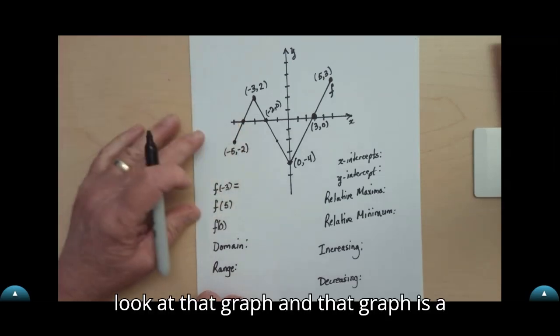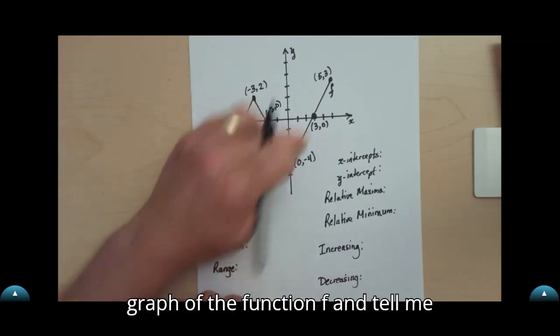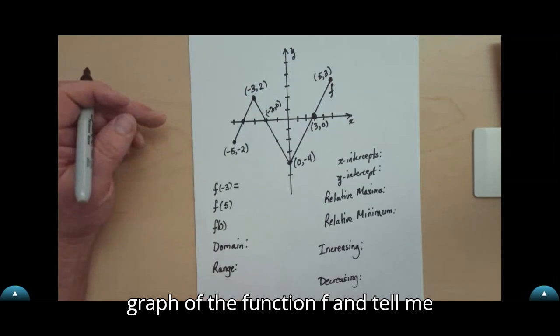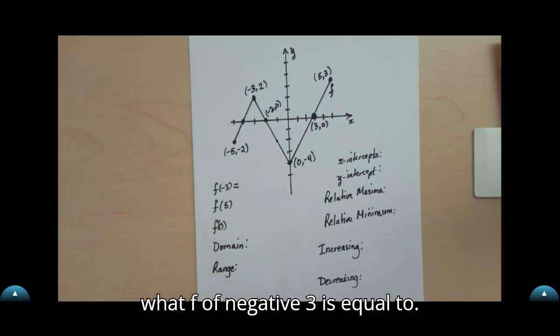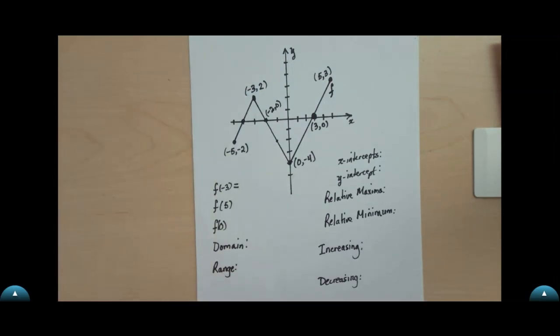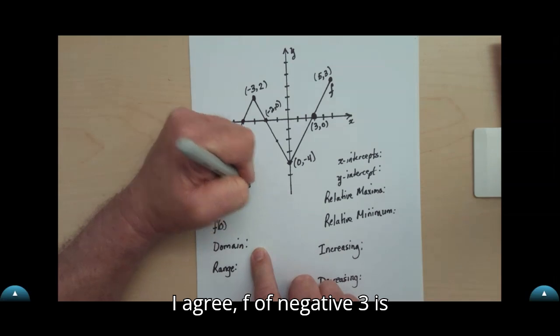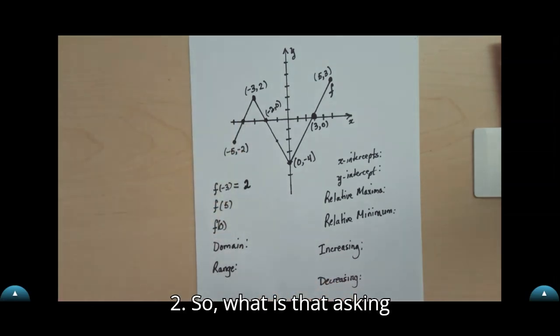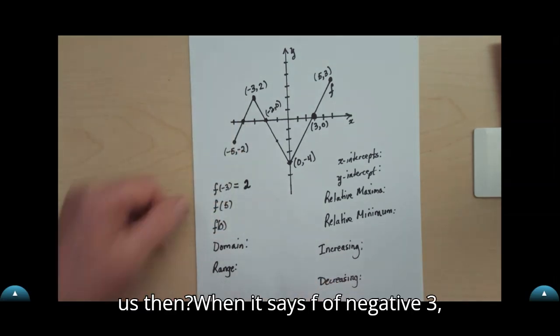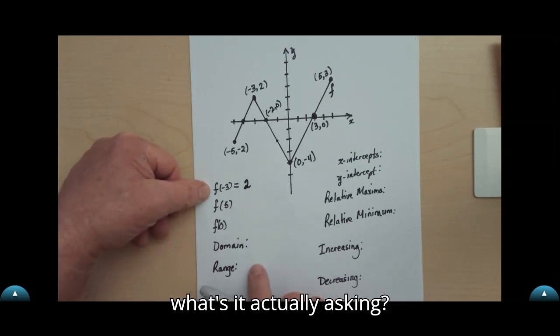Look at that graph, and that graph is a graph of the function f, and tell me what f of -3 is equal to. Say it again. 2? I agree. f of -3 is 2. So what is that asking us then? When it says f of -3, what's it actually asking?